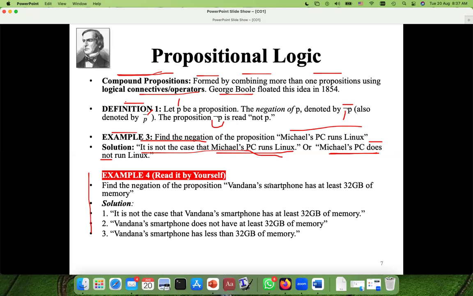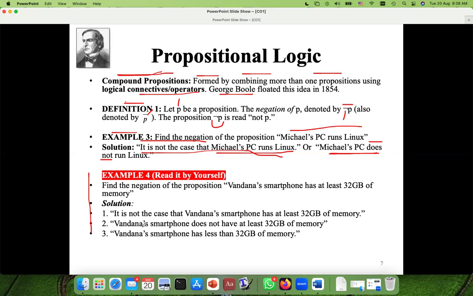One way is: Vandana's smartphone does not have at least 32 GB. The other way is: it is not the case that Vandana's smartphone has at least 32 GB of memory. And there is another answer, which is a smart answer, you can say.